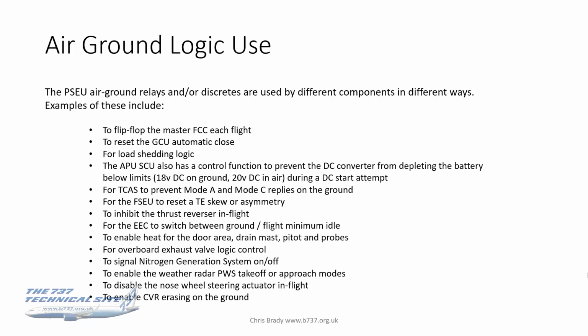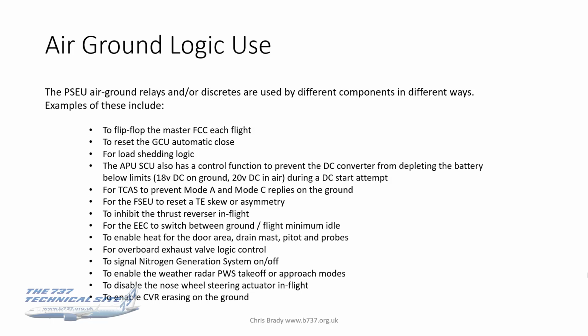For TCAS to prevent mode Alpha and Charlie replies on the ground. For the FSCU to reset a trailing edge skew or asymmetry. To inhibit thrust reverser in flight, so we can't accidentally select that, or it can't accidentally select itself. For the EC to switch between ground and flight idle.